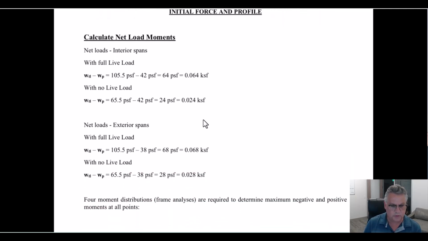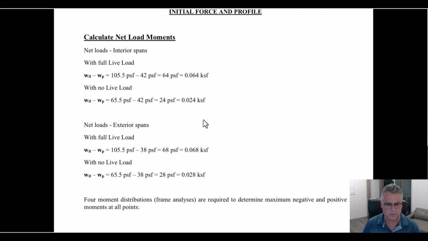The exterior spans, when we have full dead and live load, this is full dead and live load minus the pre-stressing load. In the exterior bays, we have 68 pounds a square foot. Then when we take off the live load, this is now just the dead load minus the pre-stressing.